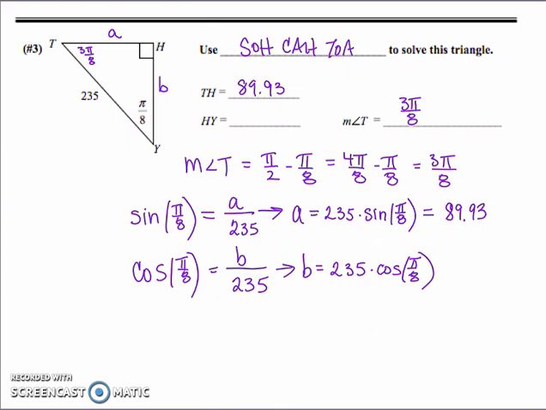Again, make sure your calculator is still in radian mode. 235 times the cosine of pi over 8 gives us a side length of 217.11. All right, we found all three sides and all three angles. Triangle solved.